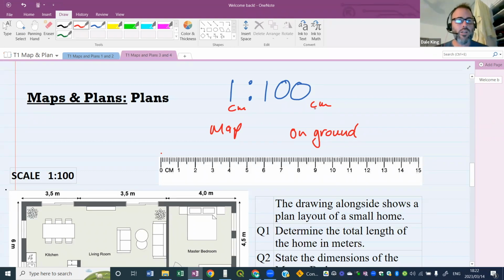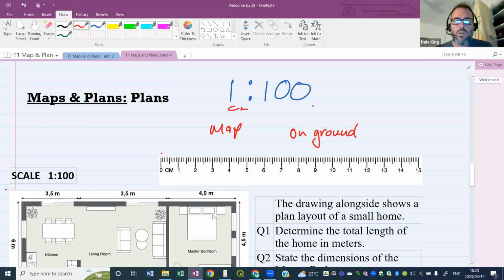Unless, and we did this in a previous lesson, they give you a scale and they say specifically 1 centimeter on this map represents 1 meter on the ground. If they tell you that specifically, then it's centimeters and meters. But without telling you, it's unitless and you assign units to it based on your need in the question.